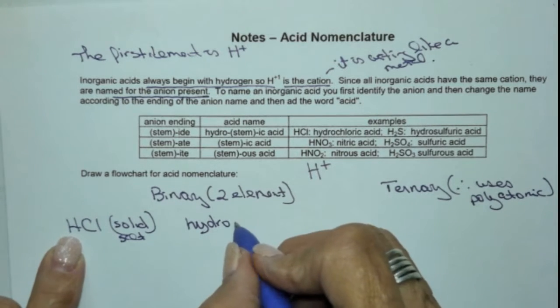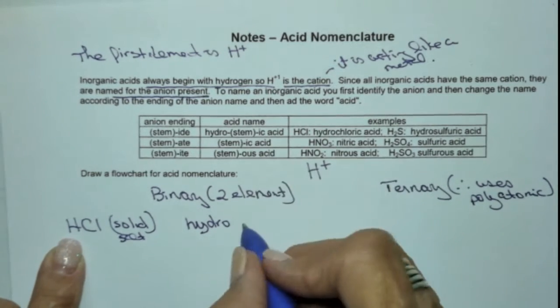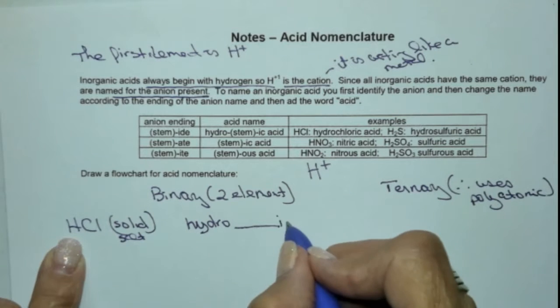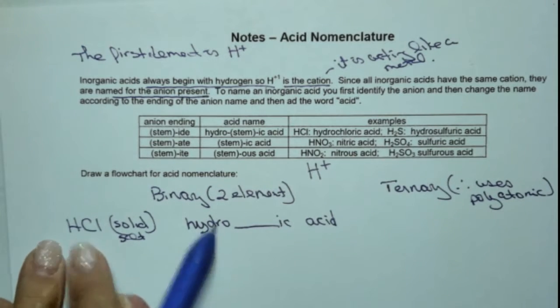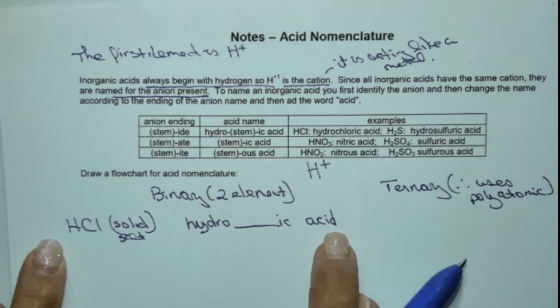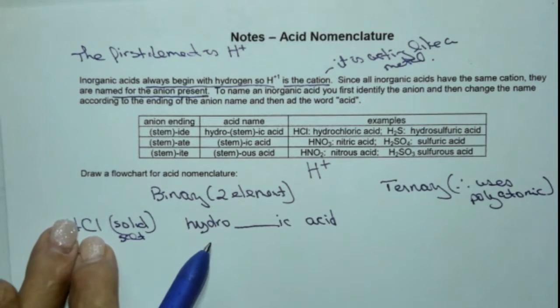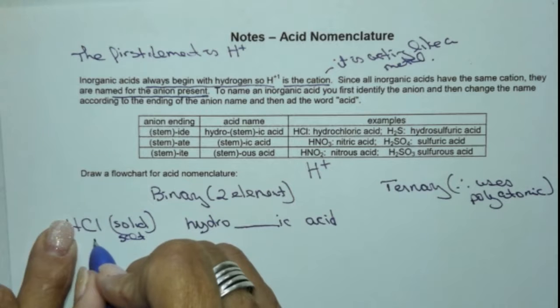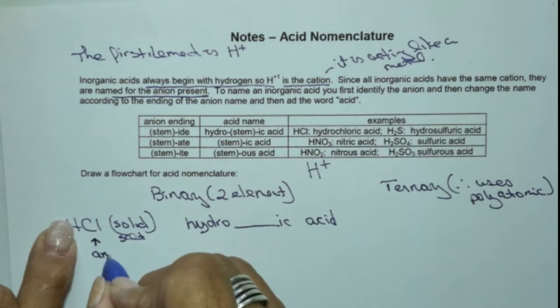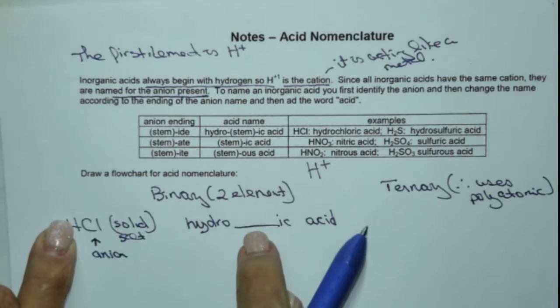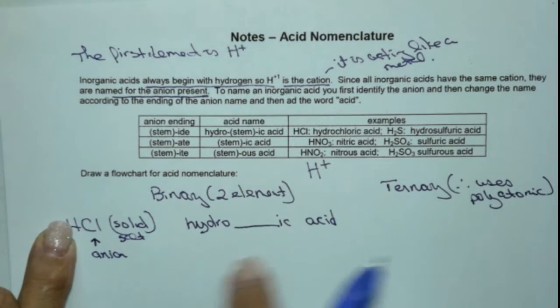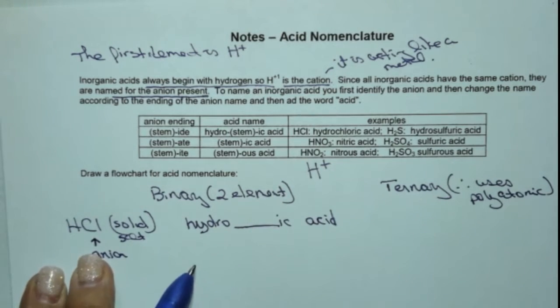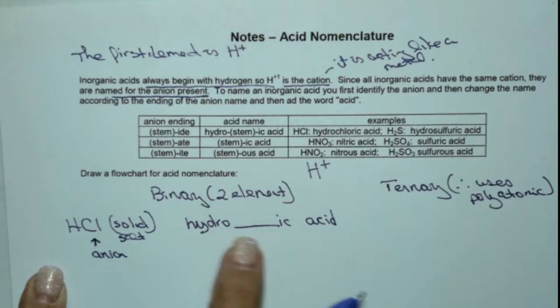This would be chloride, so I'm going to change the ending to "ic" and add the word acid. Anytime I see an H, I'm going to write the word acid. Then I look at the anion, write its stem, ic, acid. These are what I call the little guys, and they have big names.